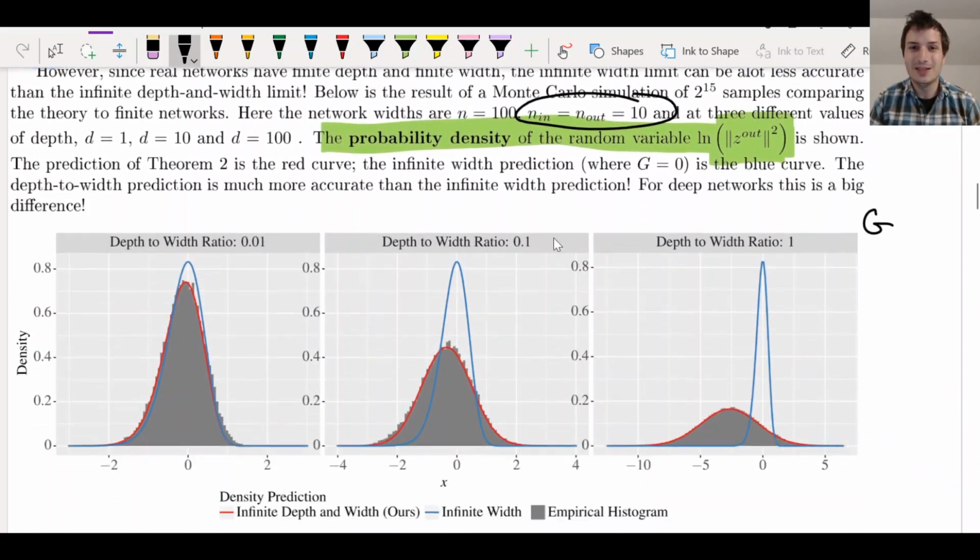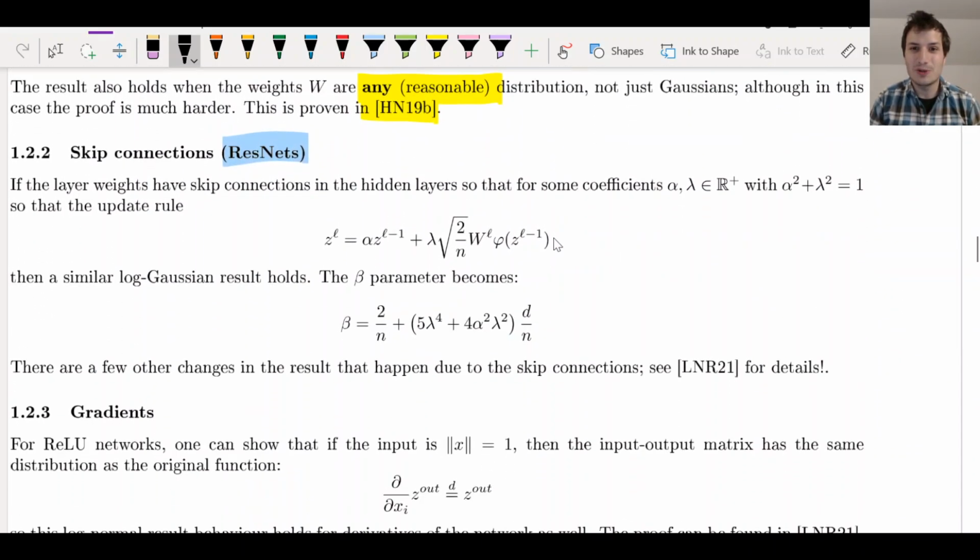So what you do is, instead of just purely going from one layer fully connected with weights to the next layer, we also do a convex combination with just whatever was in the previous layer. It's a convex combination of two terms. The first term is whatever was in the previous layer with a coefficient of alpha. The other term is exactly what we did before with a coefficient of lambda.